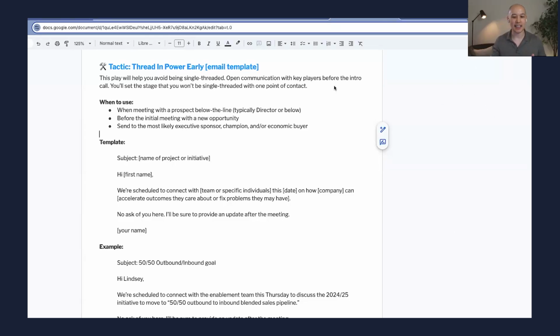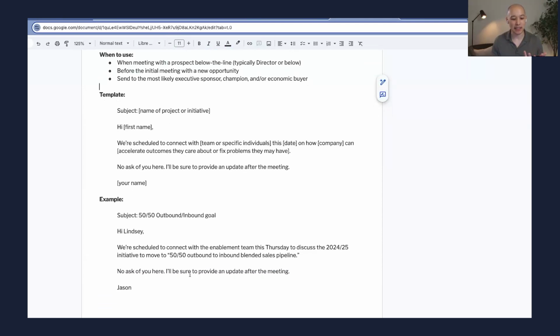One of the things that we teach and suggest is, if you have a product or solution that's pretty straightforward in terms of who the typical champions and executive stakeholders would be, one of the things you can do prior to that first meeting is send an email out to those folks, letting them know that you're going to be having a conversation with some people on your team. So I have a template and then an example, and then I'll open it up to the group here.